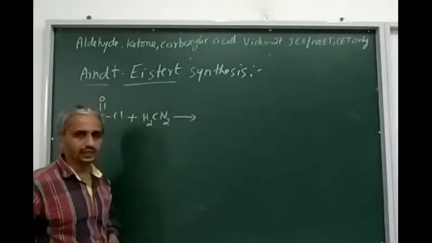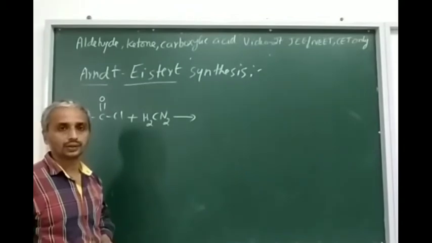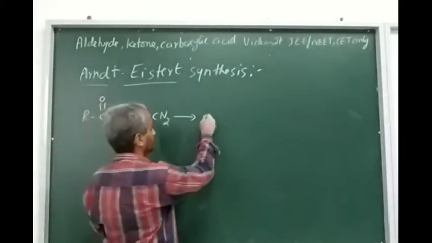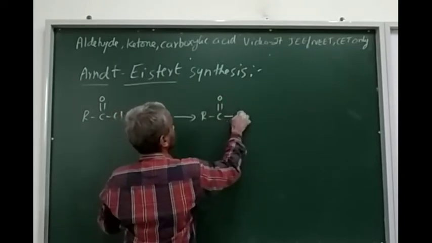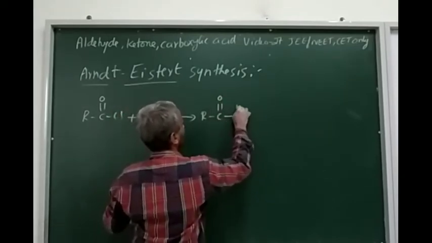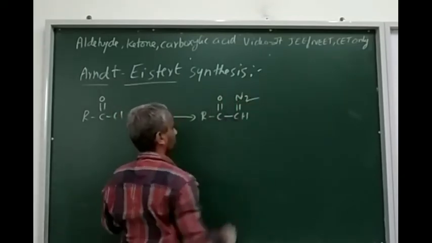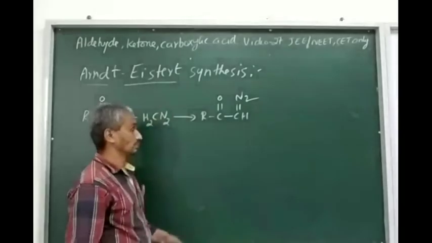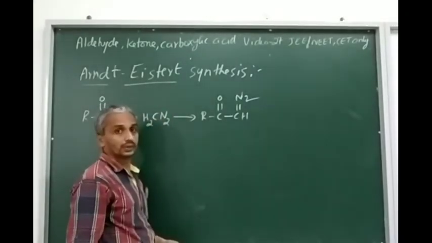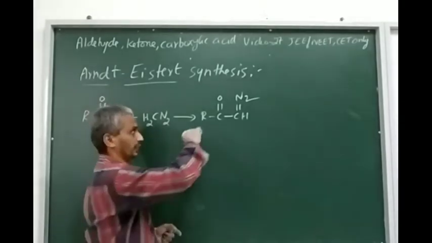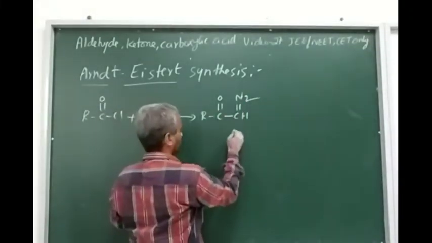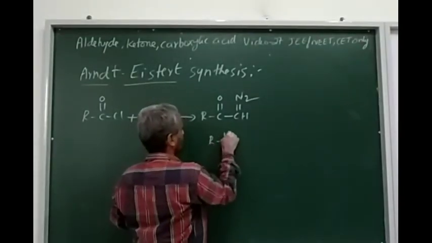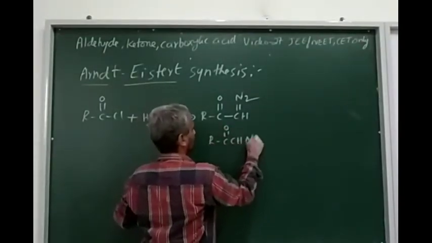What I am going to get is diazoketone, RCOCH=N2. I can write it as RCOCHN2 also.